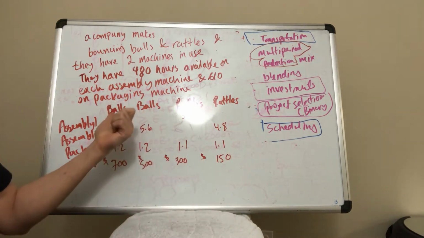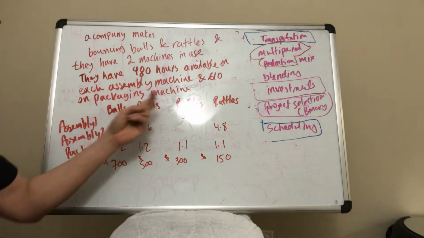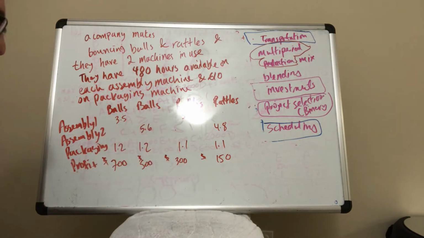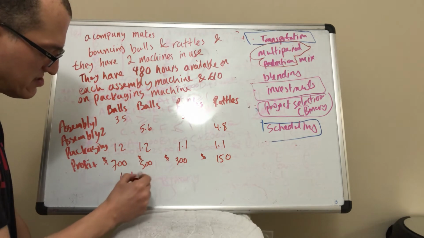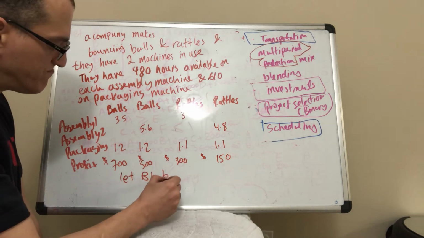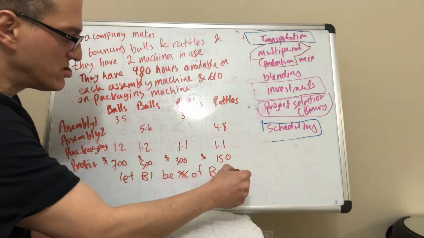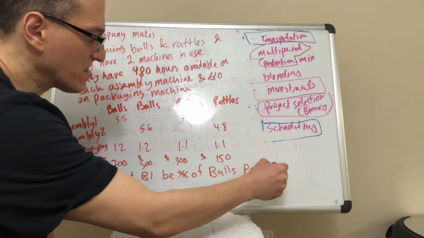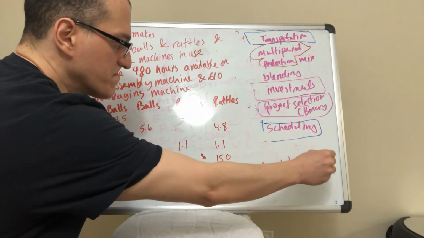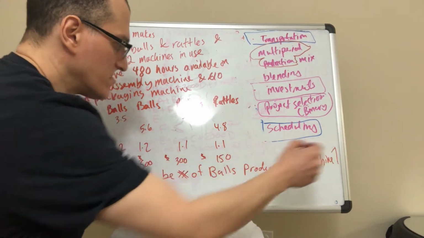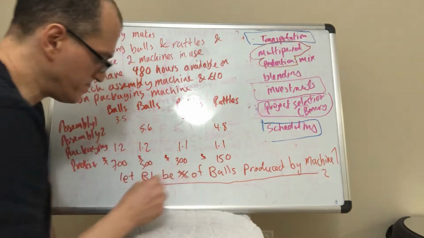So it depends. Each variable can be done in 2 locations, so that's 2 per variable, so you have 4 together. So the way I'm going to define my variables, I say let B1 be number of balls produced by machine 1, B2 by machine 2.